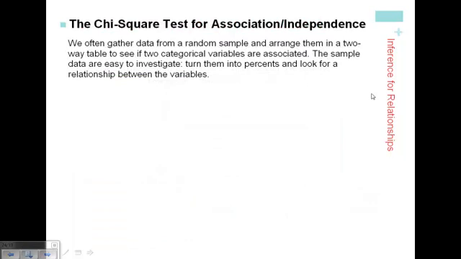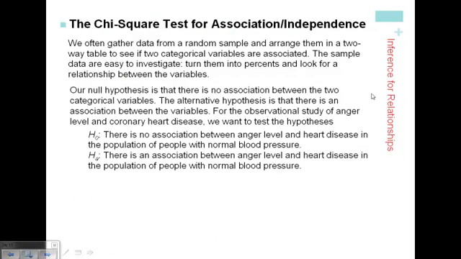So, we've talked about looking at this from the standpoint of homogeneity, and we've talked about using the chi-square test from the standpoint of association or independence. If we say there is independence between two categorical variables, we say they don't affect each other. If we say there's no independence, it's like also saying that there is an association. There is some sort of effect between the two.